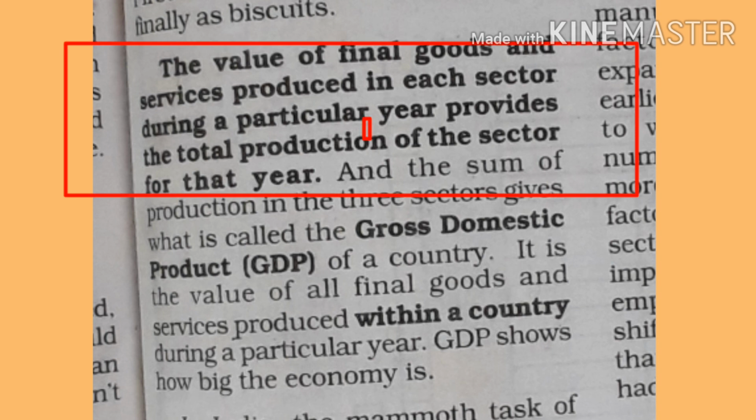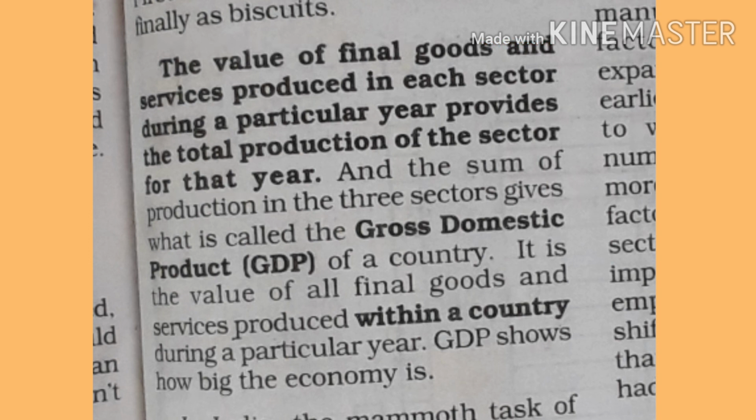The value of final goods and services produced in each sector during a particular year provides the total production of the sector for that year, and the sum of production in these three sectors gives what is called the gross domestic product of the country. Further, it is the value of all final goods and services produced within a country during a particular year.